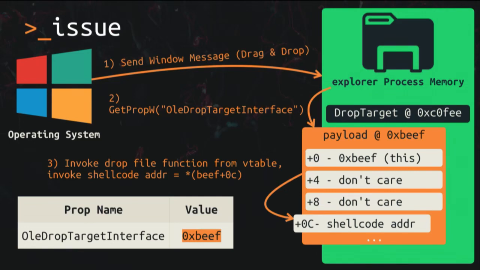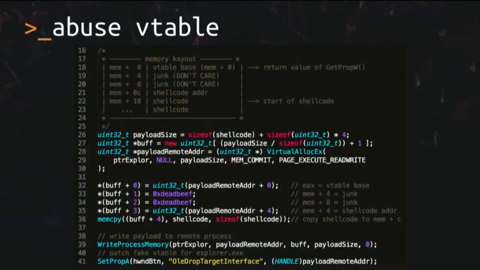Then Explorer will invoke the malware code from our fake vtable. So we prepare our shellcode and the vtable at the correct memory address, then use the SetPropW API to modify the vtable address of the window data.